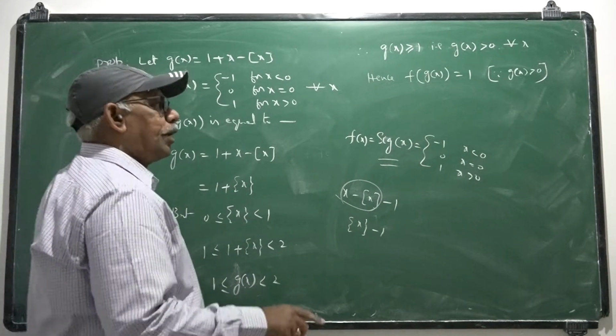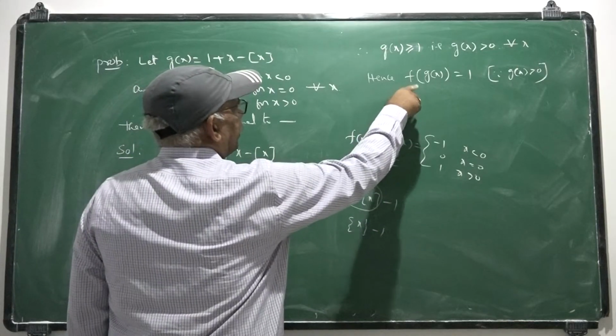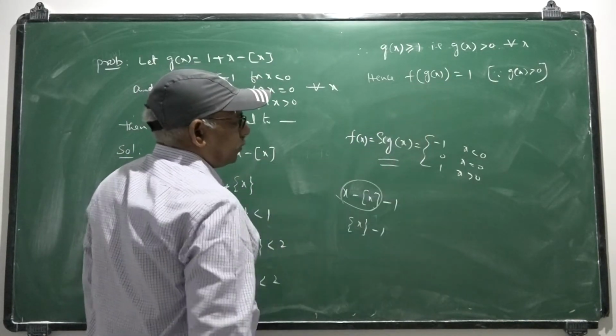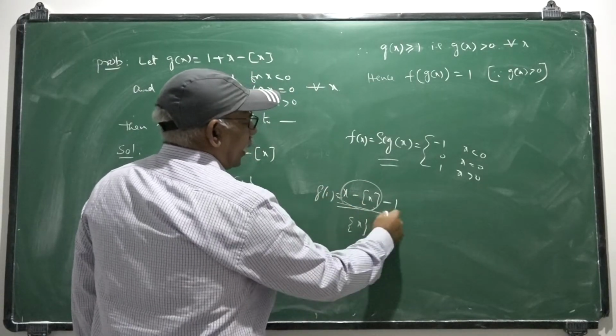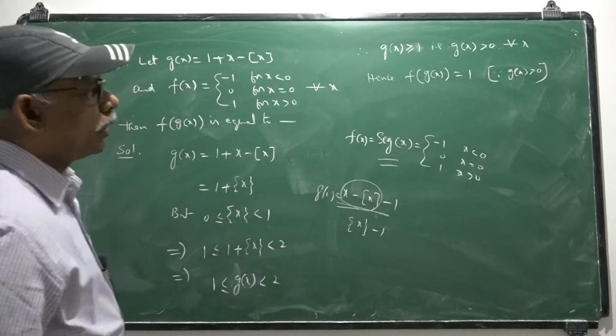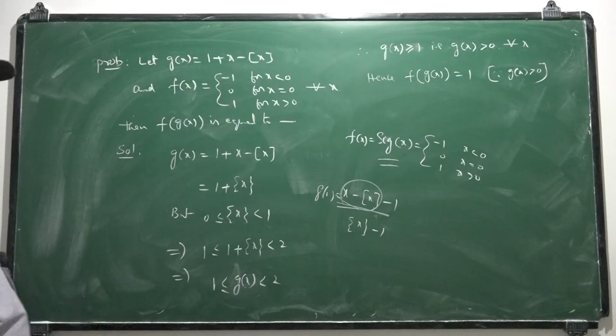In such a case it is negative, so f of g of x is -1. In the case where g of x is defined as x minus step x minus 1, f of g of x takes the value -1.